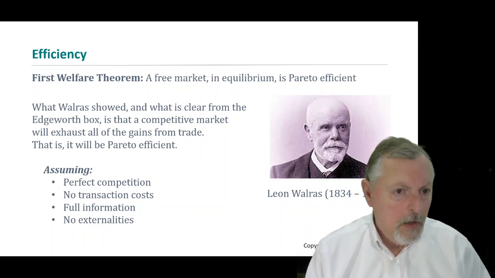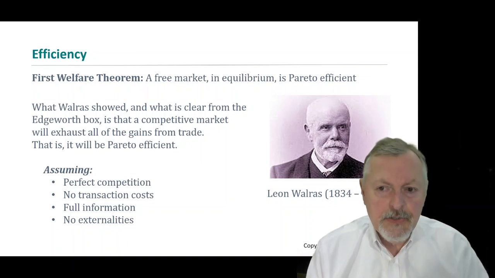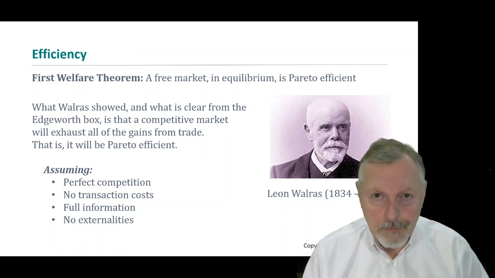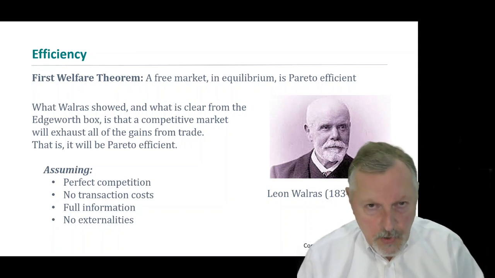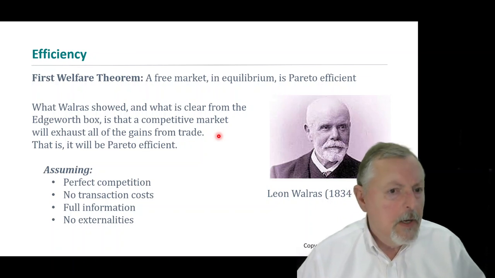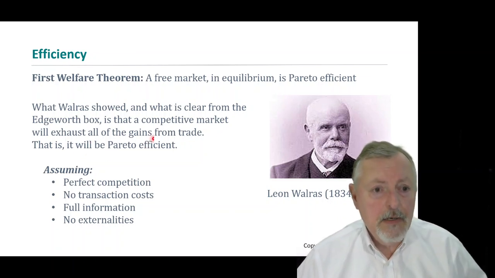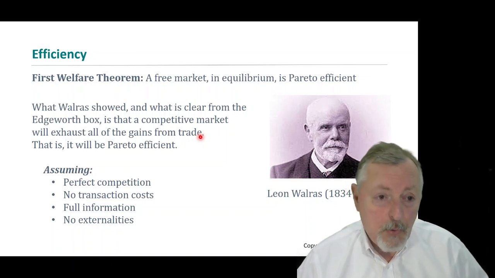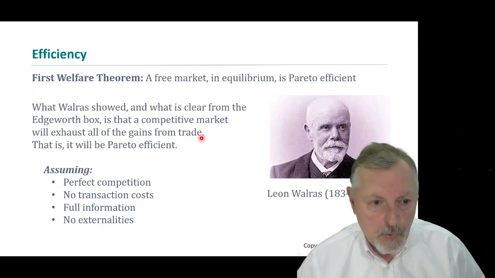So a free market in equilibrium is optimal in the sense of maximizing social welfare. So, if the market's competitive, it'll exhaust all the gains from trade. You'll reach the Pareto optimal point, and you can't make things better from that point.